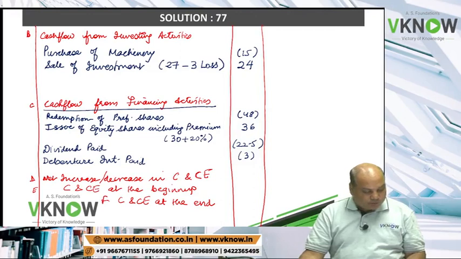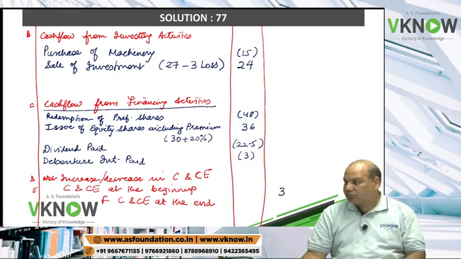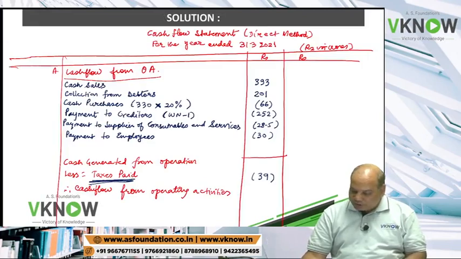On 31st March 2020, cash and bank balance was 3 crore. So that is cash balance at the beginning, 3 crore. Now we'll come to operating activity.